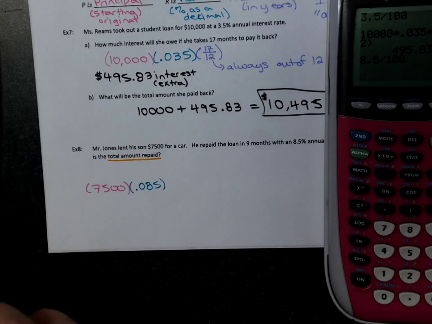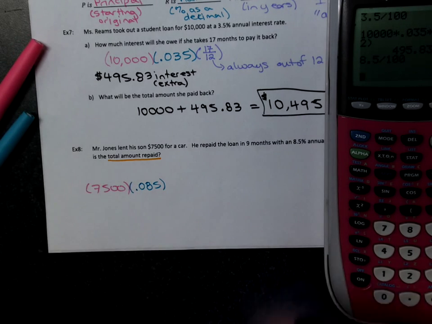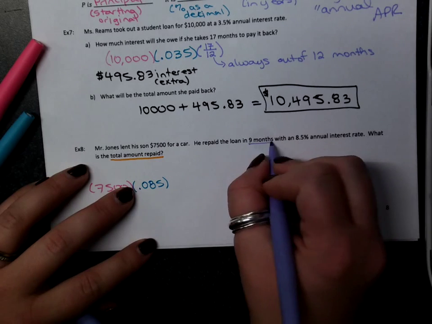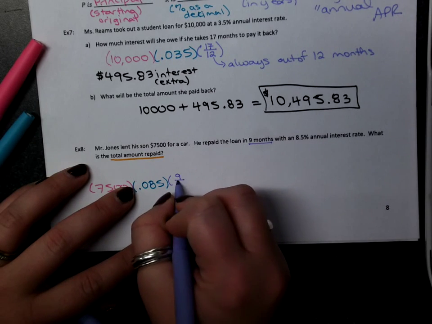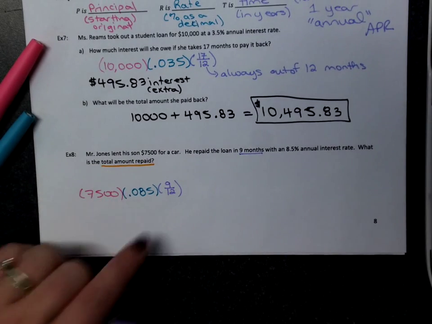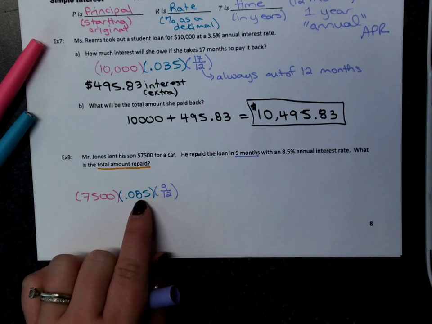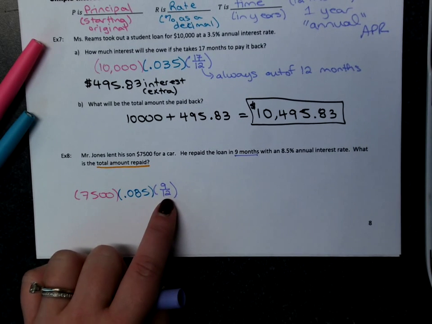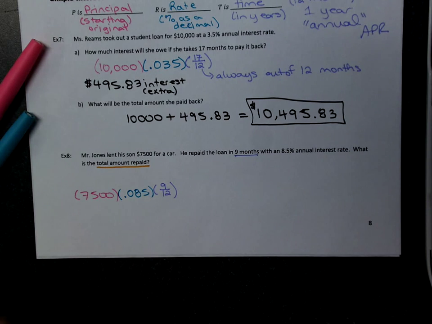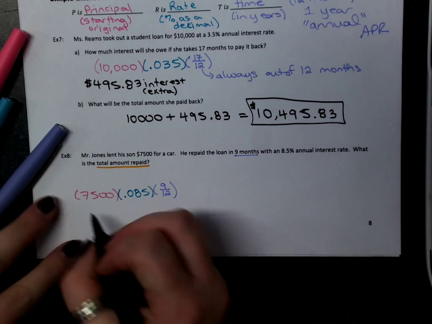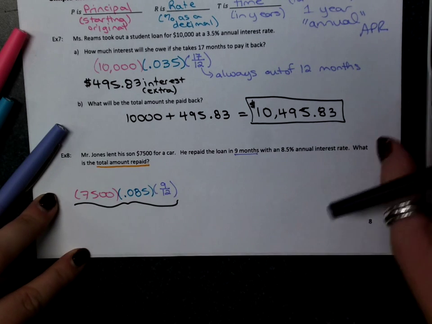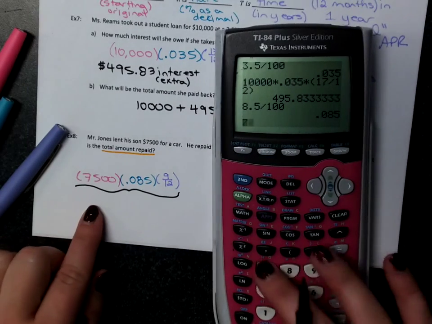And his time is 9 months, but it's going to be 9 out of 12. Again, always out of 12 because your interest rate is annual, so it's always out of 12 months.